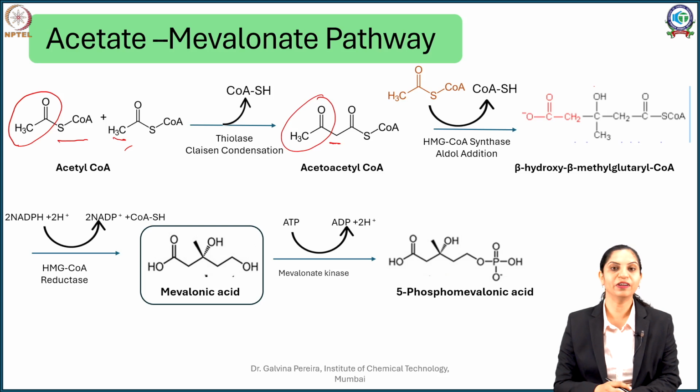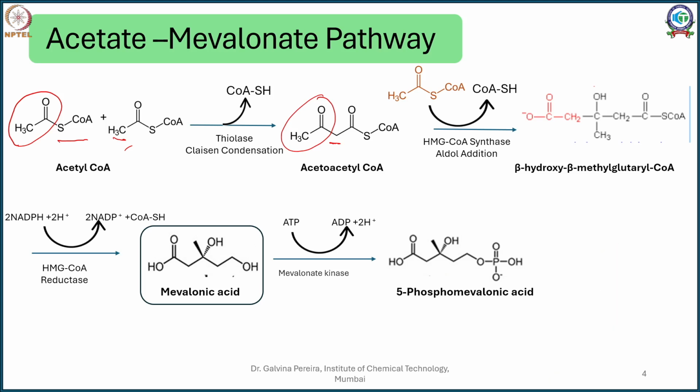Now this is done in presence of an enzyme which is called hydroxymethylglutaryl coenzyme A synthase. Now HMG-CoA synthase is a very important enzyme and it is involved in formation of the molecule called beta hydroxy beta methyl glutaryl CoA.